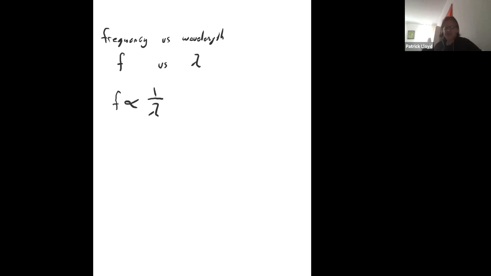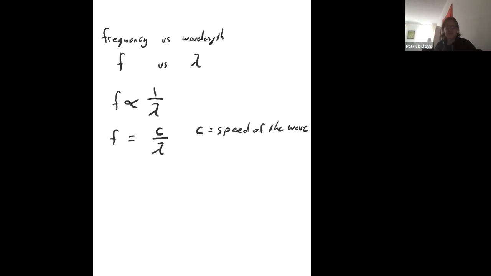As one gets larger, the other gets smaller. It's an inverse relationship. Remember what we said with gases. How do you turn a relationship, a proportionality, into an equation? You need some constant, right? Well, the constant is C. So it's equal to C divided by lambda. And C is the speed of the wave. It's how fast it's traveling.